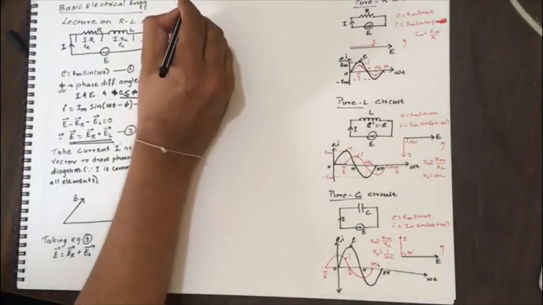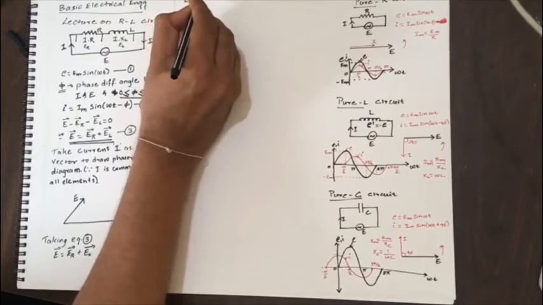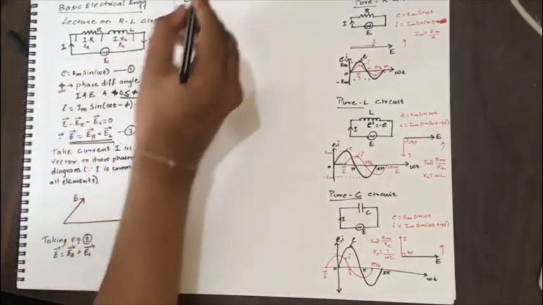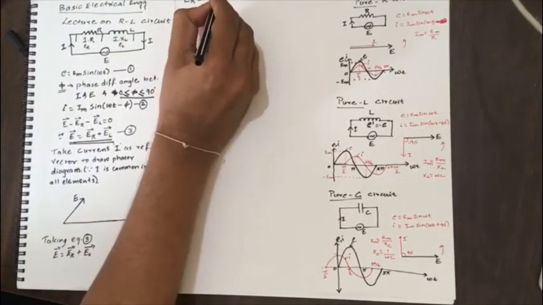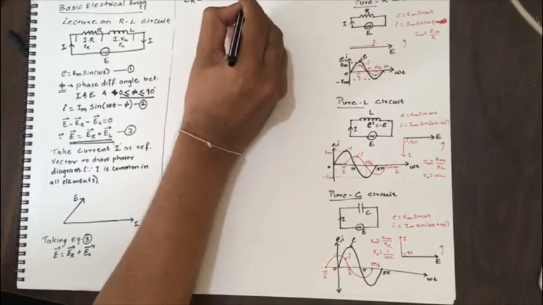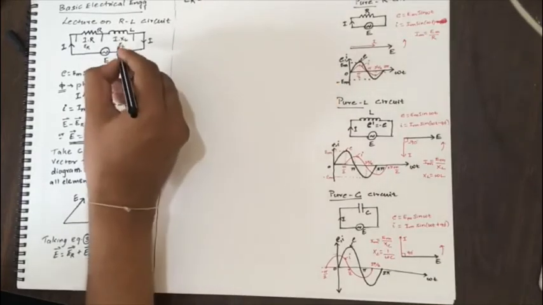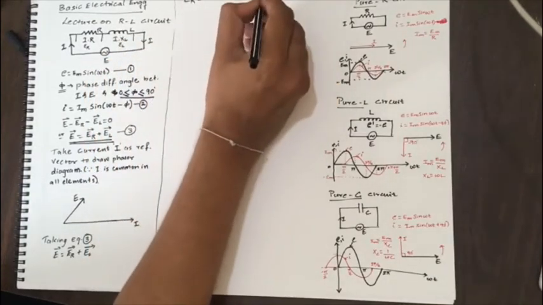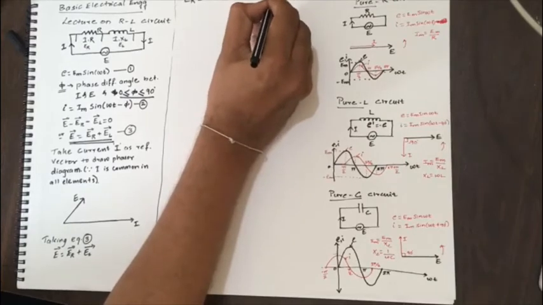Now what is ER? ER is nothing but the voltage drop across R, which is equal to I into R, and EL is the voltage drop across L, which is equal to I into XL.